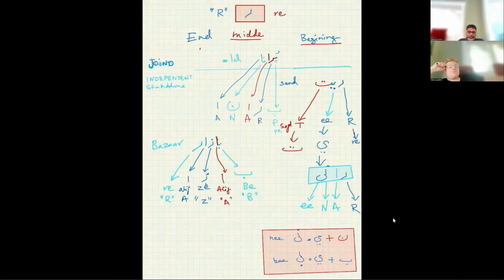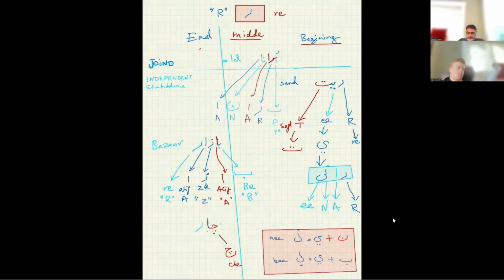All right, and one last one, Char. This is again where they are at the end. Char. We need the Che sound, and it goes with three dots. And then Aleph, and then an R. This is the Che sound. This is the independent form, Che.